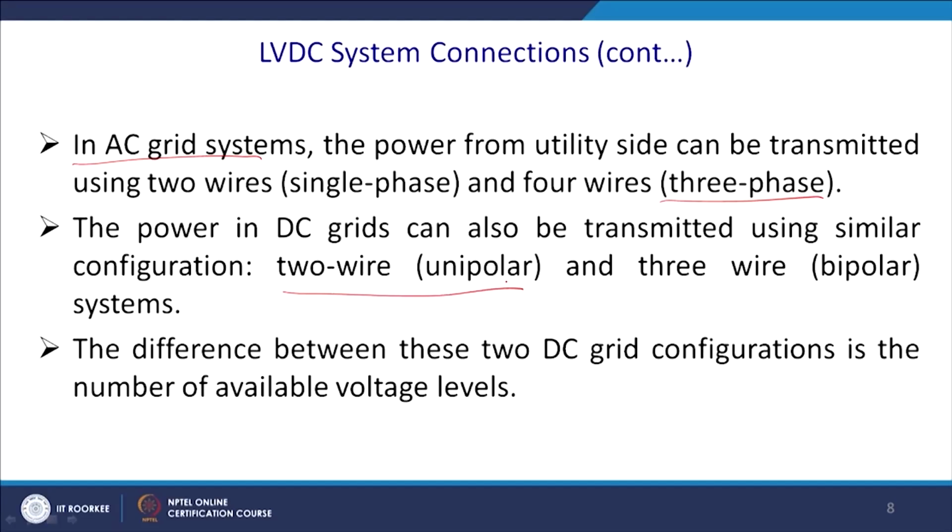In this case also you can see a considerable amount of copper saving because you do not require the 4th wire. The difference between these two DC grid configurations is the number of available voltage levels, and sometimes modern systems prefer the bipolar system because you can balance your loads.